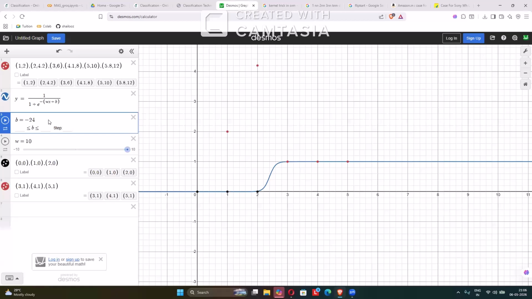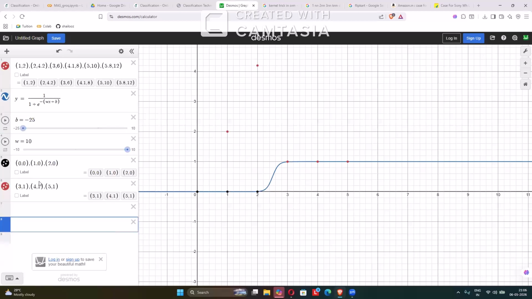See what is happening here? On choosing b as minus 25 and w as 10, what are the values predicted by this function?